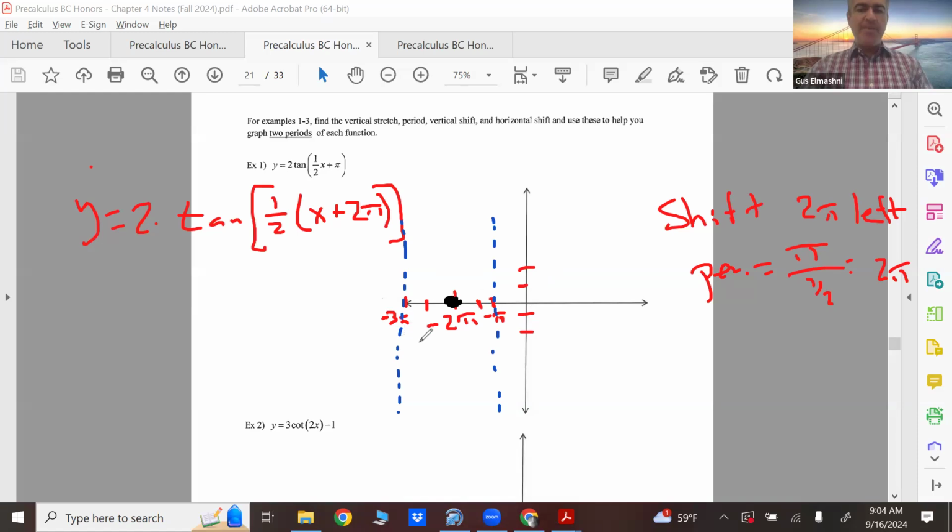You kind of just do it. And there's your graph. That's it. Okay. Since we're asked to do 2 cycles, we'll do one more. Bless you. So go to pi.